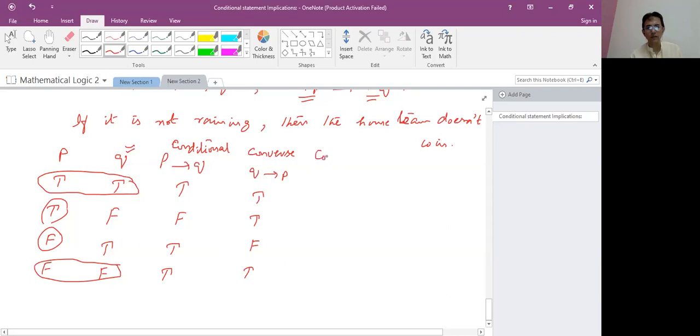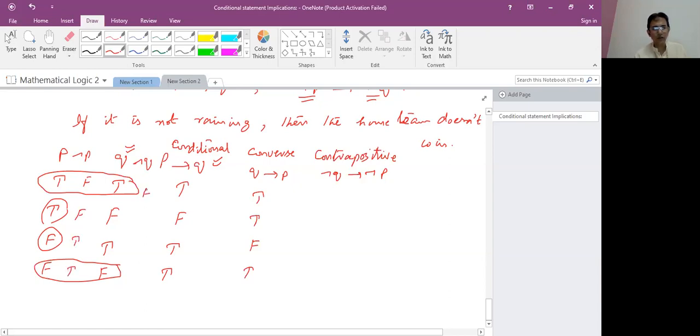What is the contrapositive? Student, we represent it mathematically as negation Q implies negation P. When we convert this conditional statement, first we make negation P and negation Q. Negation of P is false, false, true, true.